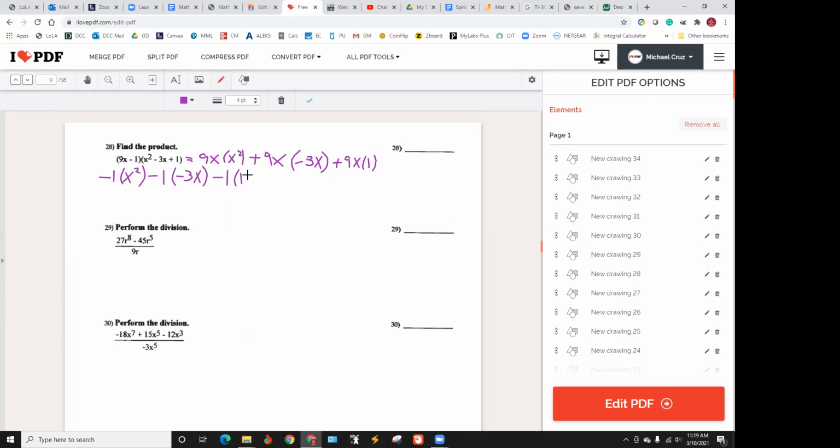All right, so let's see if I can just keep going here. So that's 9x cubed. Three times 9 is 27, right? X times x is x squared. Nine x times 1 is just plain old 9x.